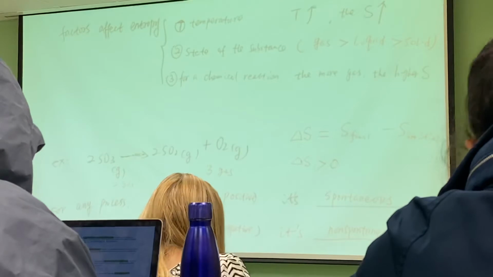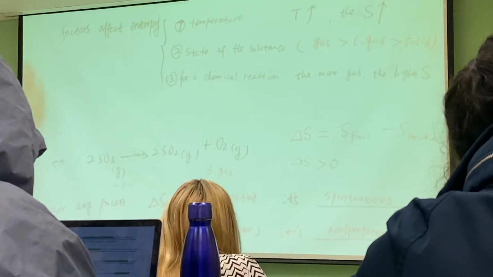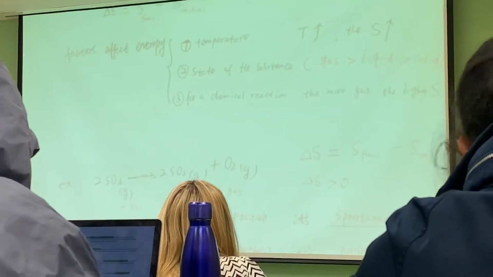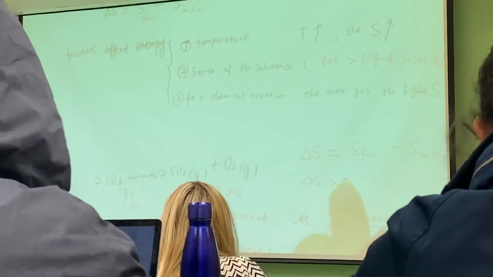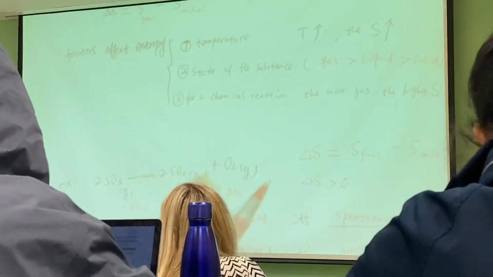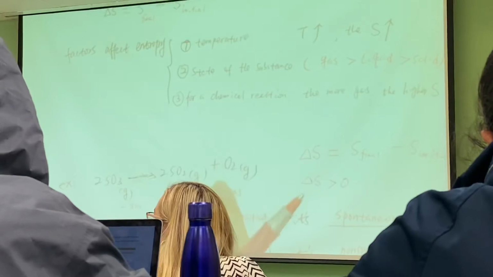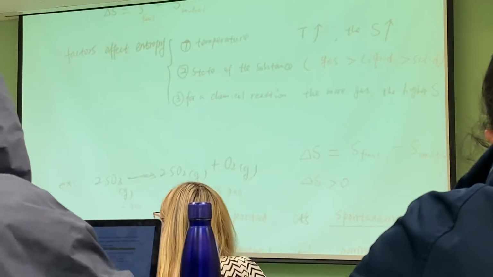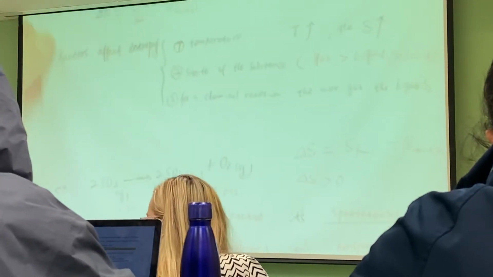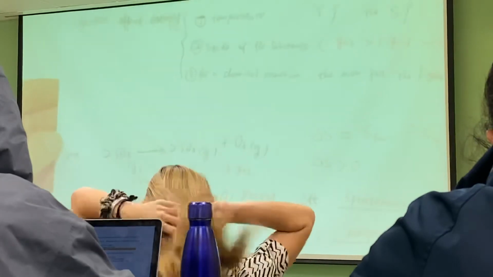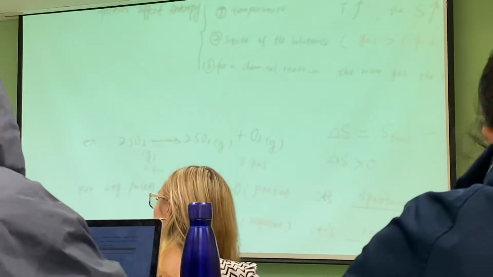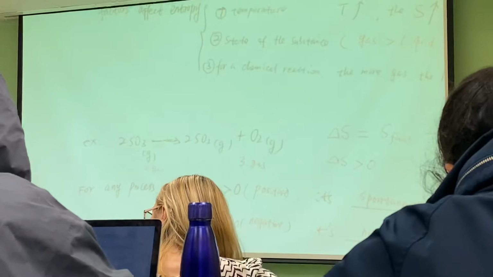Otherwise, it's not spontaneous. Okay? And since the delta S here is positive, that means this process, this reaction, can occur spontaneously. So that is some concepts and some conclusions.